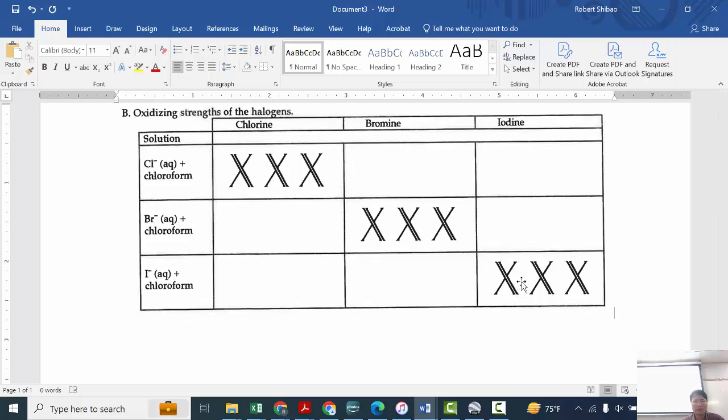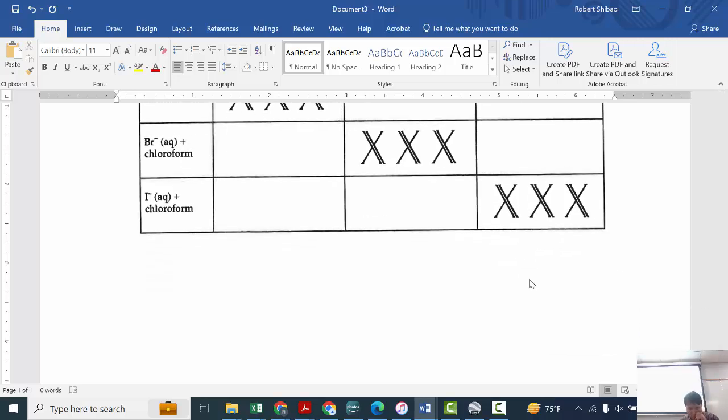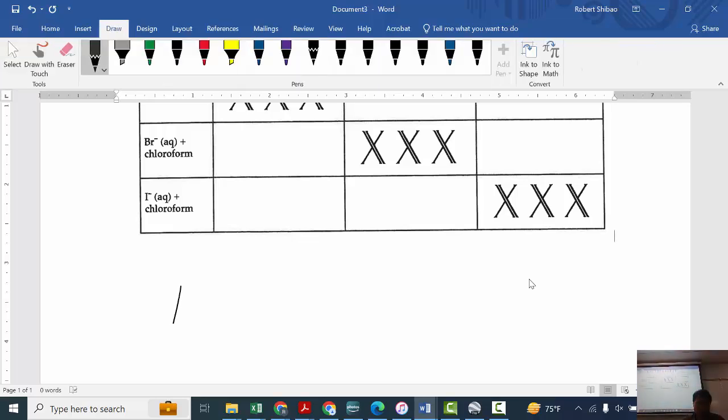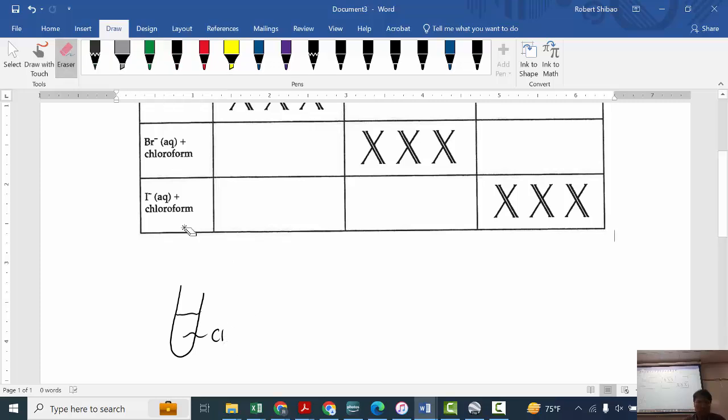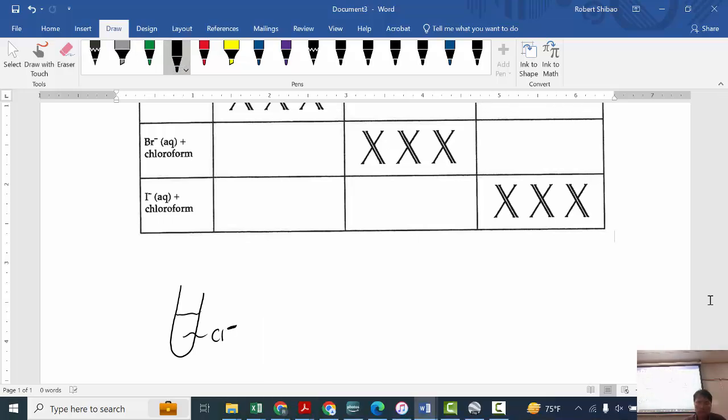So let's take a look here. We're going to take potassium chloride, chloroform, and bromine. Chloride is colorless.